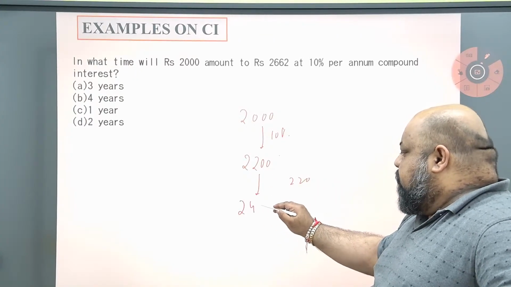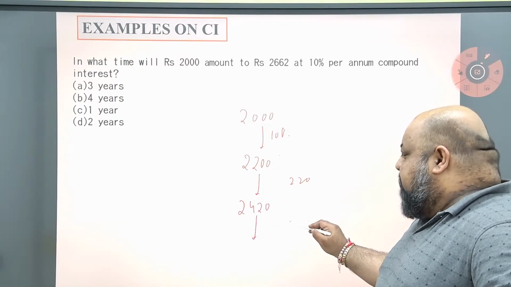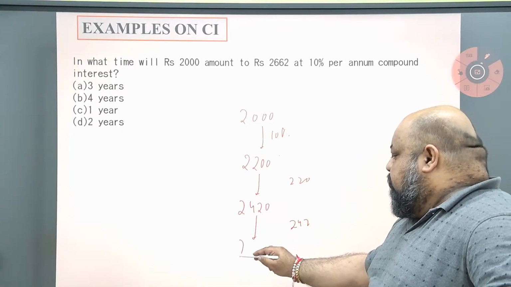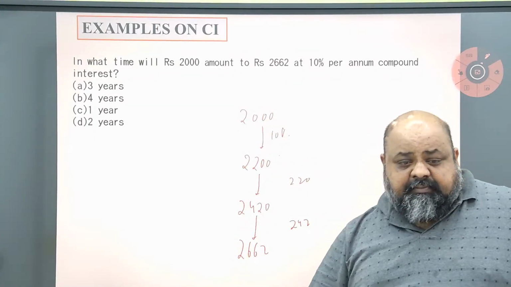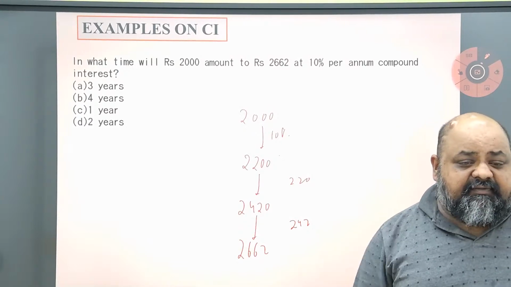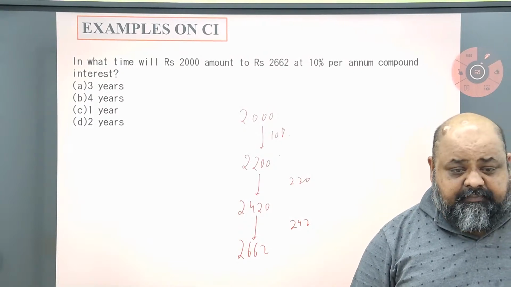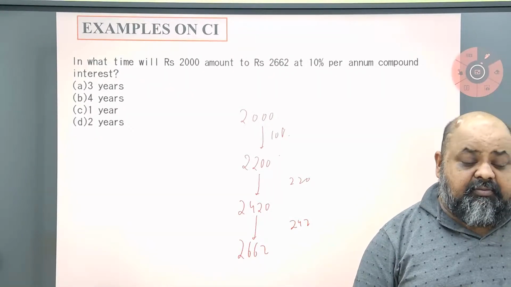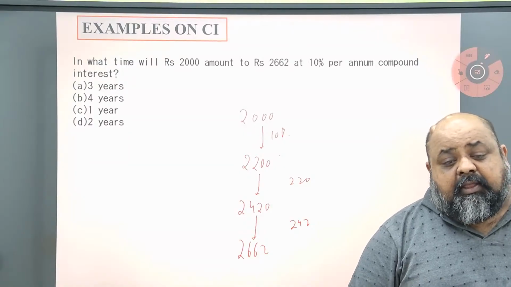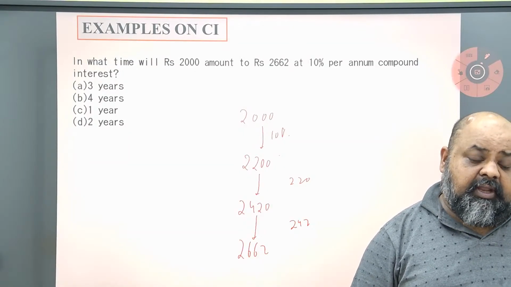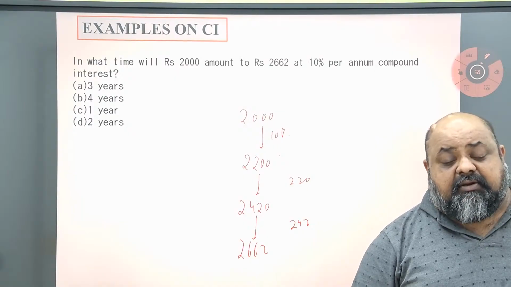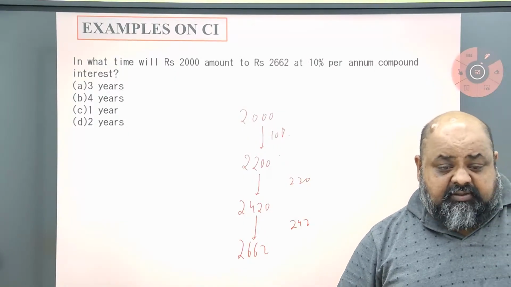So 2420. 10% of this is 242. 2662. So it happens in 3 years. That is my answer. Even if I'm not able to fit in the formula, or I tend to forget formulas, it does not matter. The basic concept of CI is that the amount and the compound interest for every year will increase by R% each year.